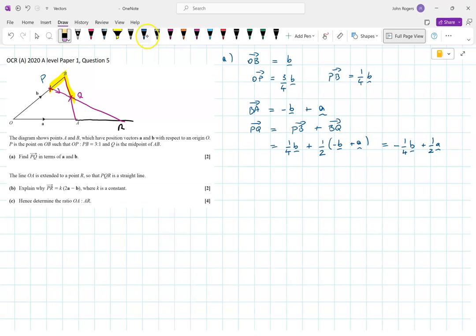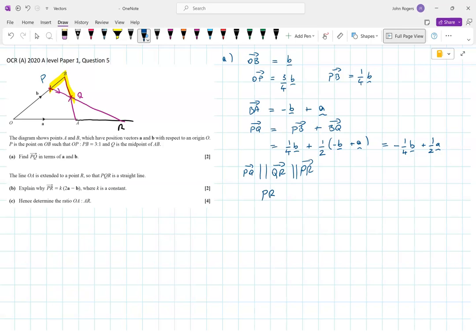So we're going to use the fact that PQ is parallel to QR, or collinear indeed, they're in the same straight line, or PR indeed as well, they're all parallel to each other.